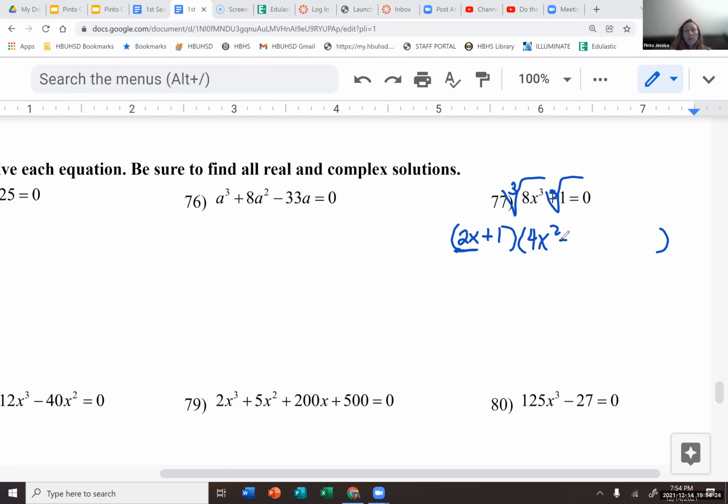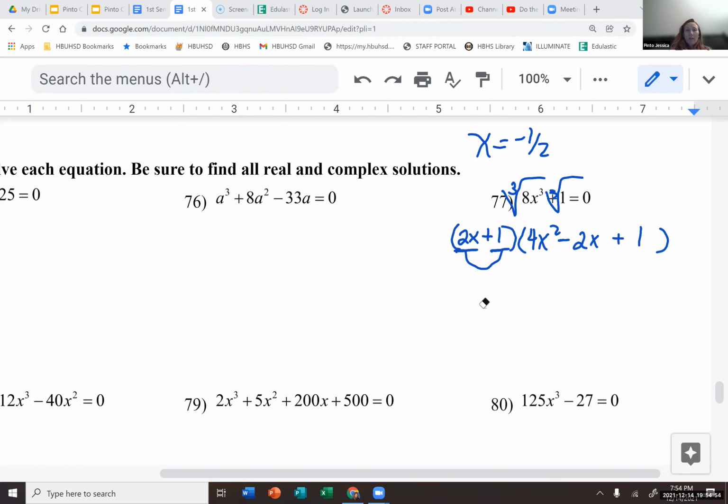Then I need the opposite sign, 2x times 1, and then 1 times 1. So my first answer, 2x plus 1 is equal to 0. I would subtract 1 and then divide by 2. And I get x is equal to negative 1/2.